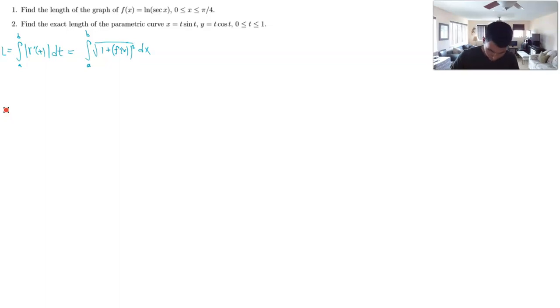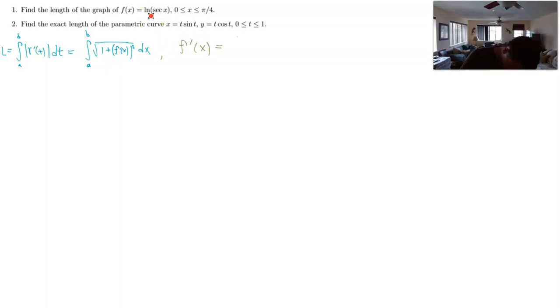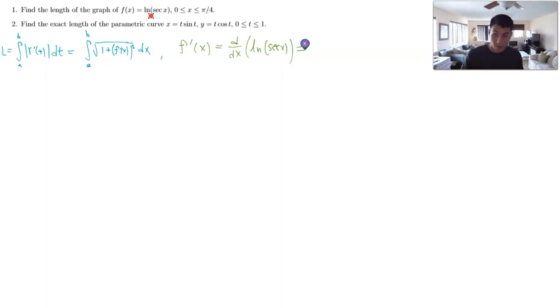Okay, so we're going to use this formula, right? For number 1, we have to find f prime of x, so why don't we just try to find f prime of x first? So f prime of x is d/dx of ln secant x. Well, we know how to take derivatives of natural logs.